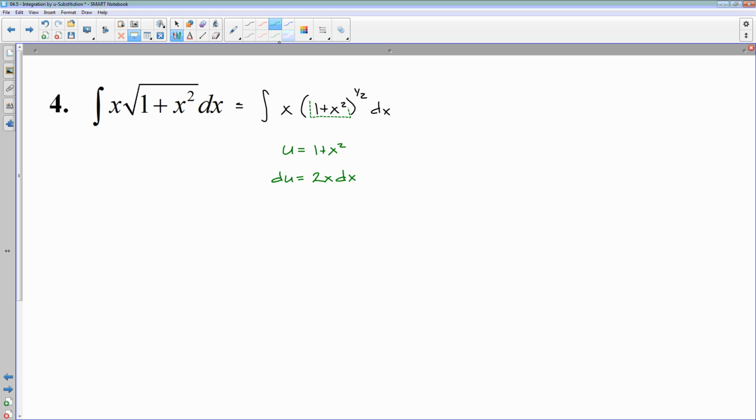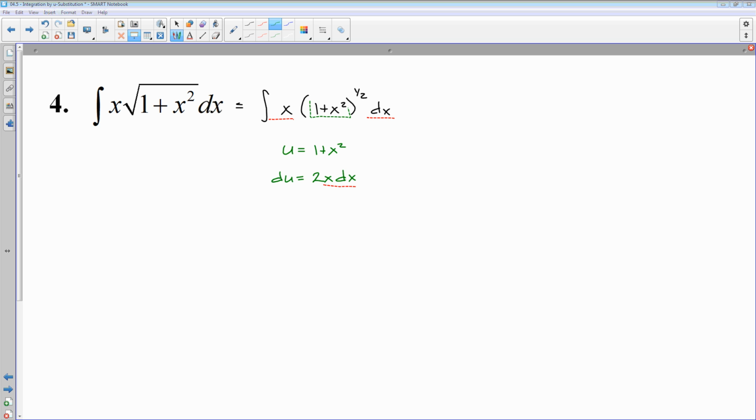Well, I'm really close. My whole du is 2x dx. What I've got here is an x dx. I'm missing the 2. And so now we have to figure out how can I fix that. Well, if all you're missing is a 2, or any number, if you're just missing a constant, you can fix that.